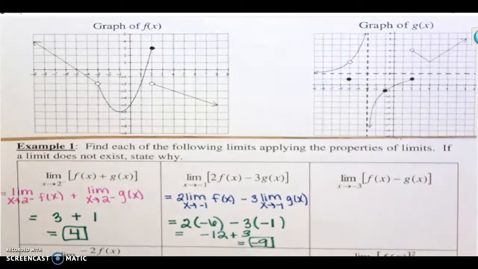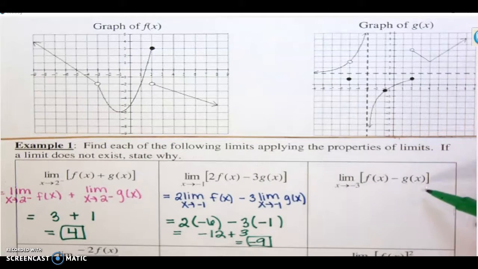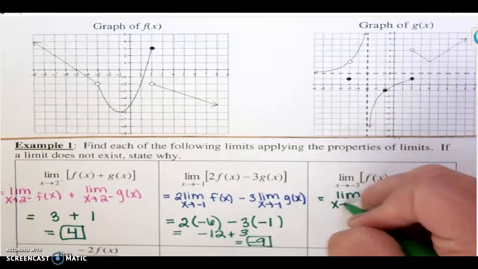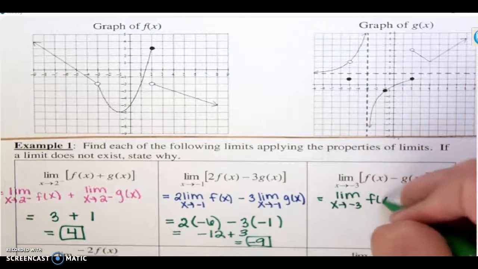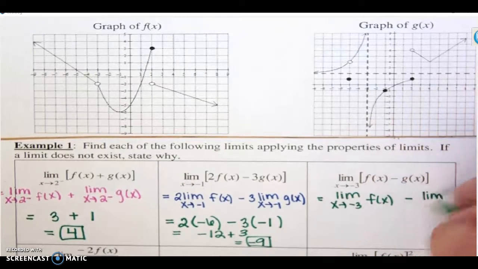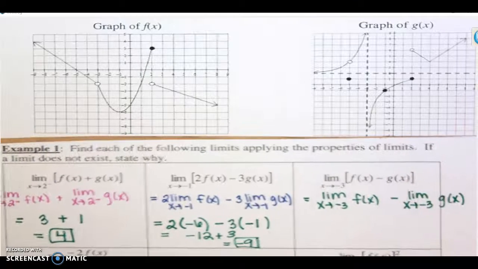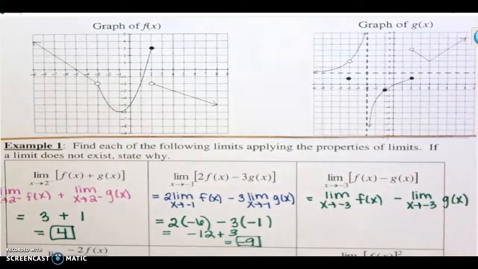Alright, so next one beside of that, the limit as x approaches negative 3 of f of x minus g of x, so we want to write them as separate limits first. Okay, so then we're going to figure out the limits.